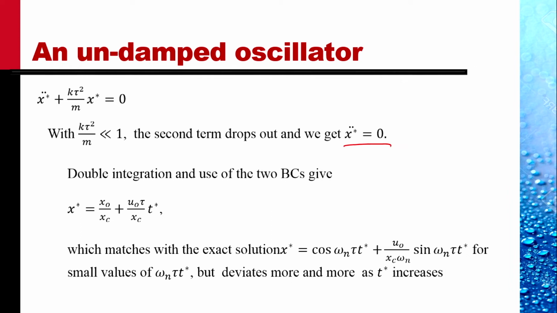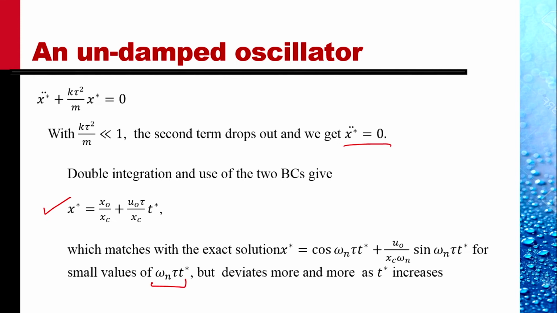A trivial equation. Double integration and use of the two boundary conditions give you this value as the solution, which matches with the exact solution, x star is equal to cosine omega n tau t star plus u naught divided by xc omega n sine omega n tau t star, for small values of omega n tau t star, but deviates more and more as t star increases.